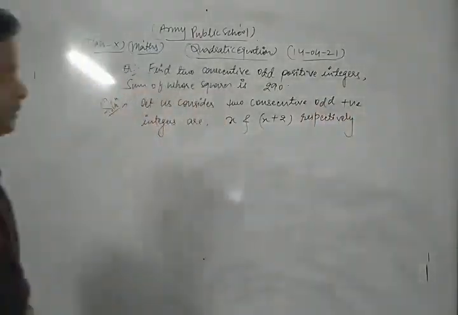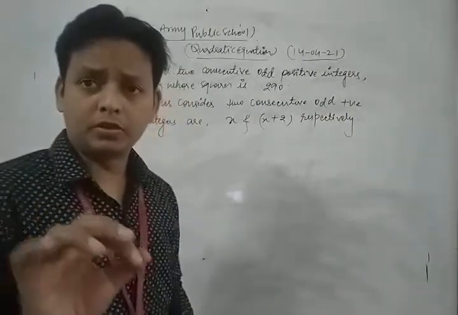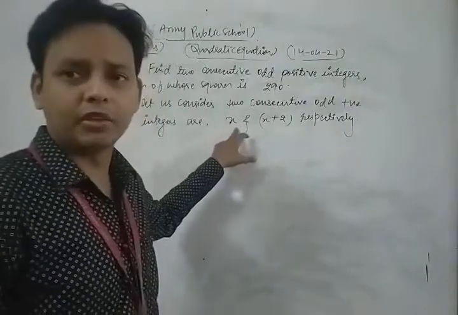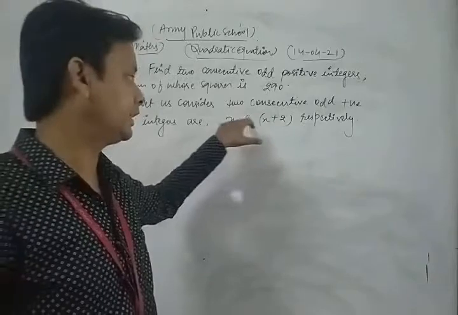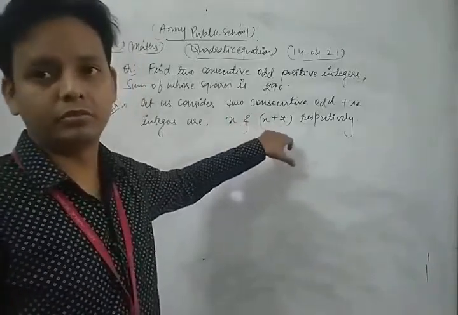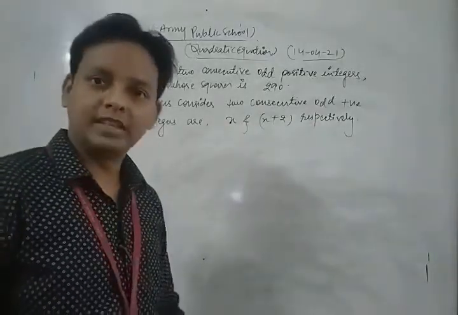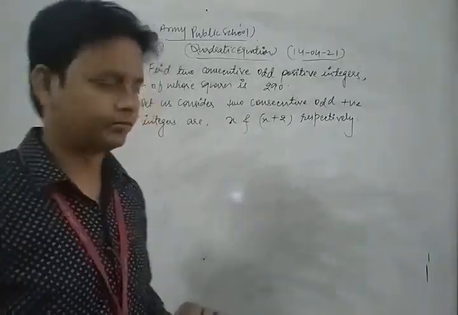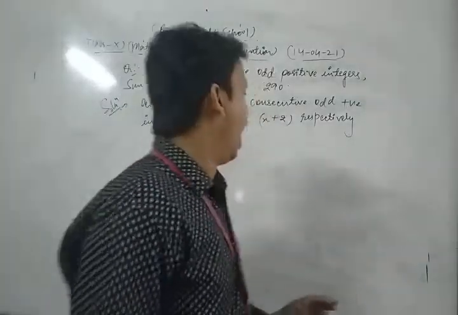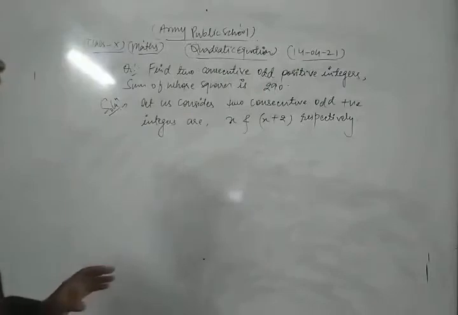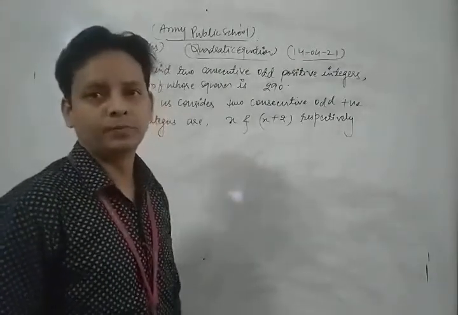If we take 1, which is odd, the other is 3. If we take 3, the other is 5. If we take 7, the other is 9. So in this way we always take two consecutive odd positive integers as x and x plus 2 respectively.